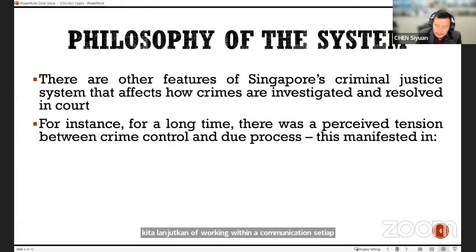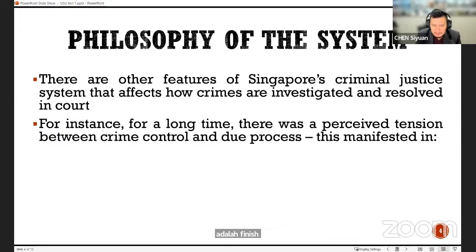So I think this is something that many members of the Singapore public embrace, right? If you were to give them a choice, would you prefer to have more protections for accused persons, but as a result, having fewer of them convicted?